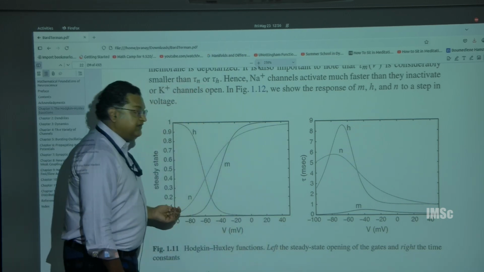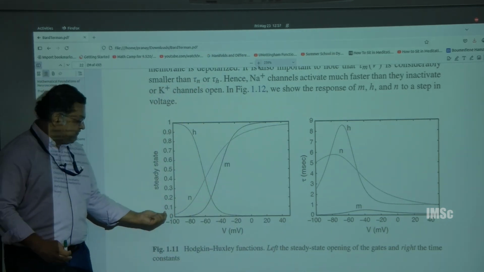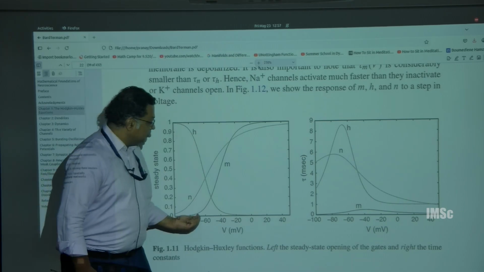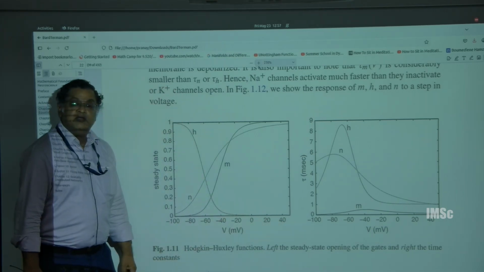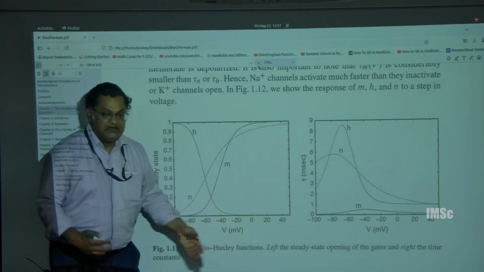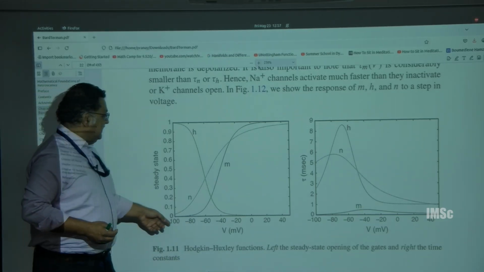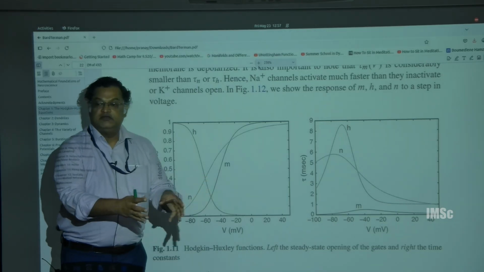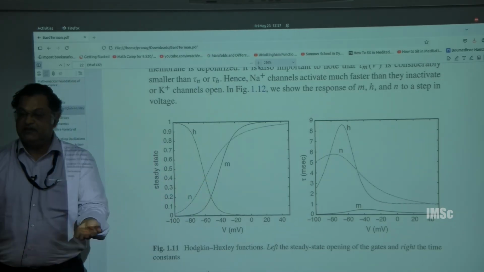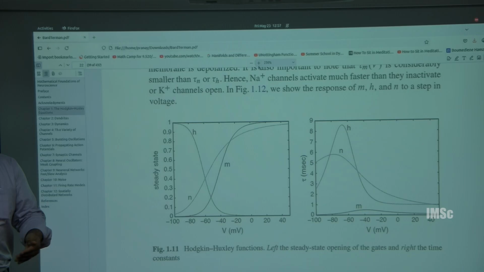Good. So if m infinity changes from a low value to a high value, and why would it change to a high value? That's the depolarization, right? That says to us that m gates are starting to open up. m is becoming 1. If m is 1, that's the fraction of gates open. So more and more gates are opening up.